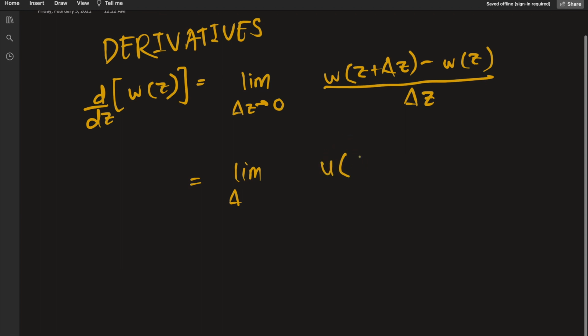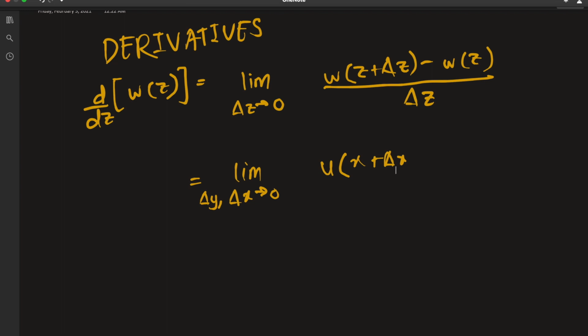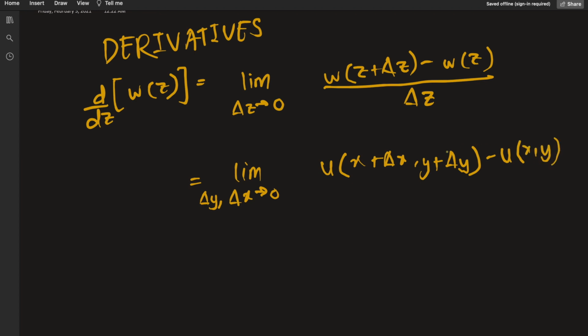So u of x and y, we'll have to take two limits, delta x and delta y. You say u of x plus delta x and y plus delta y minus u of x y.